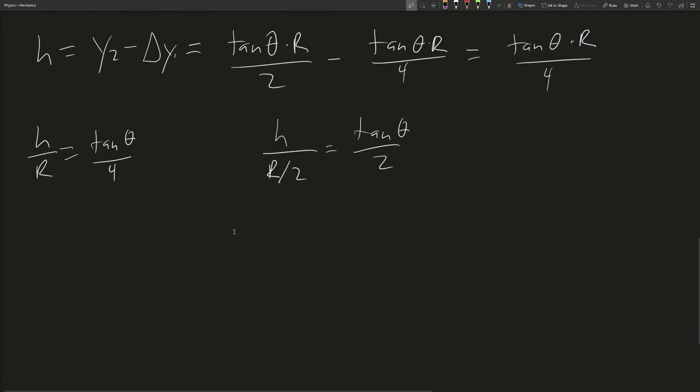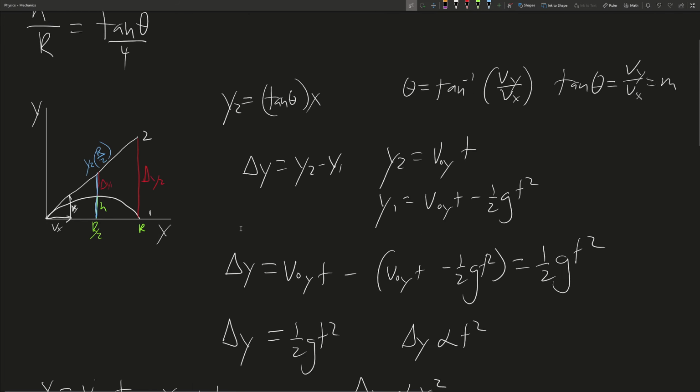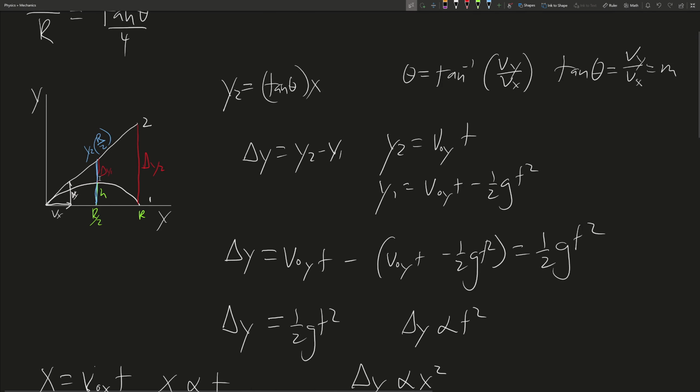That means that the maximum height a projectile reaches under the influence of gravity is going to be exactly half of the height it would have traveled if there was no gravity and it travels the same x distance.